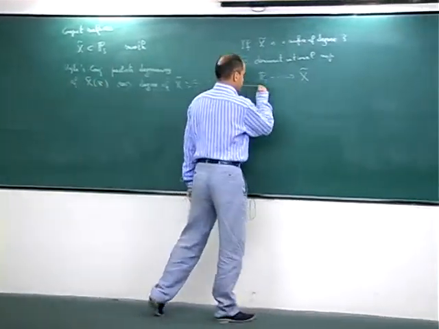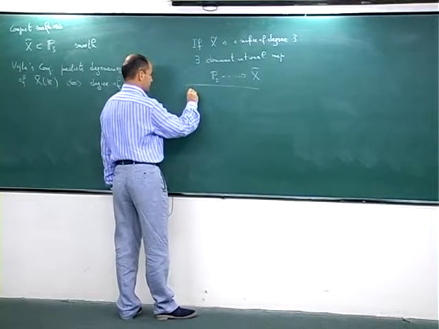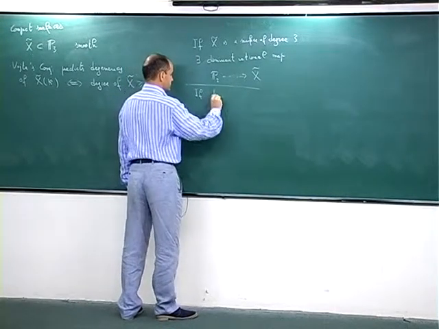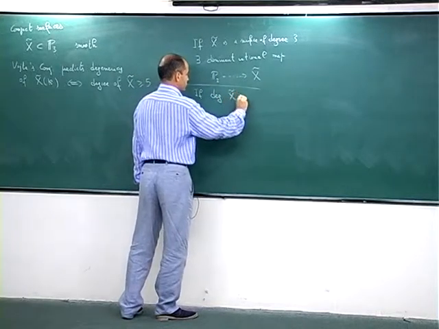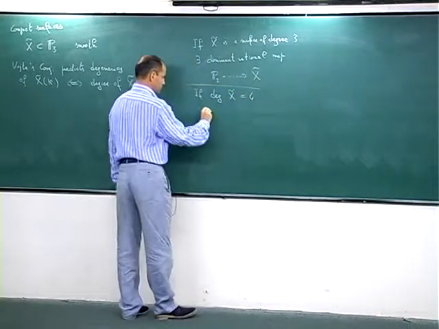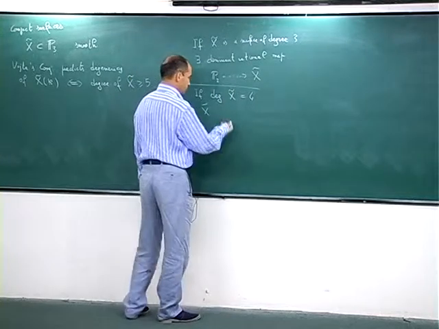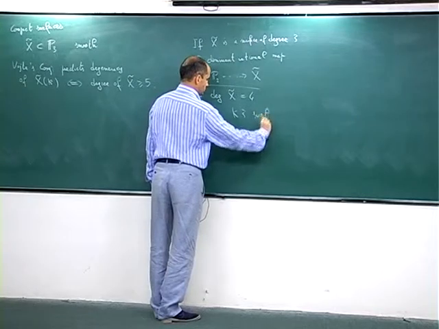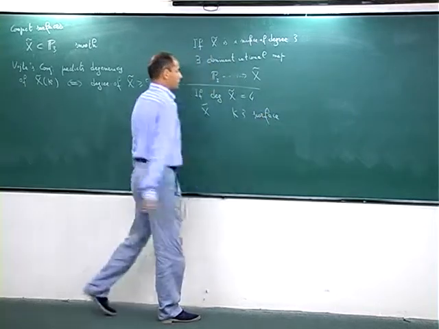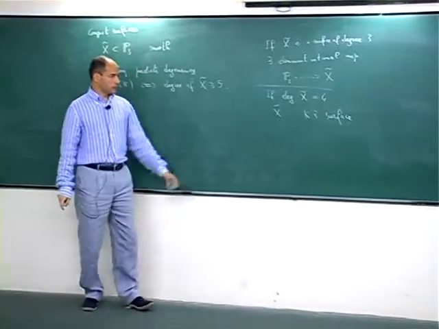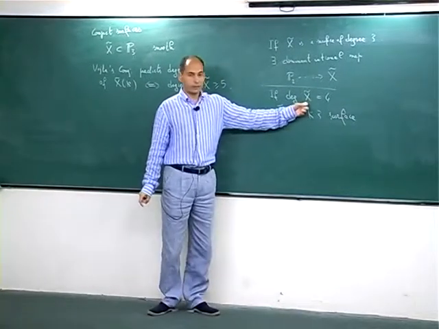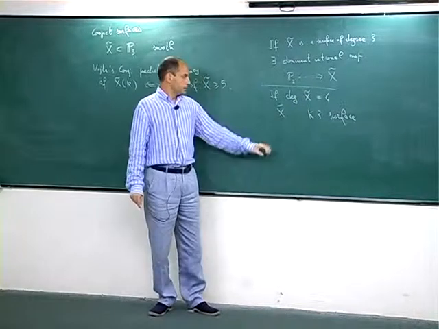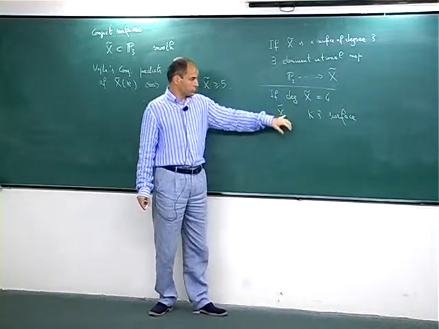Now the case of degree 4 is much more delicate. If the degree of X tilde is 4, then X tilde is what is called a K3 surface, and so it has a vanishing canonical divisor, which means trivial canonical bundle.